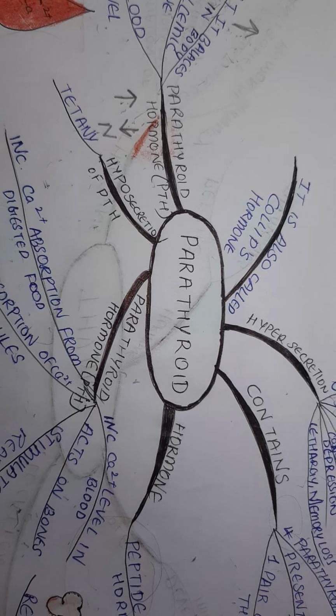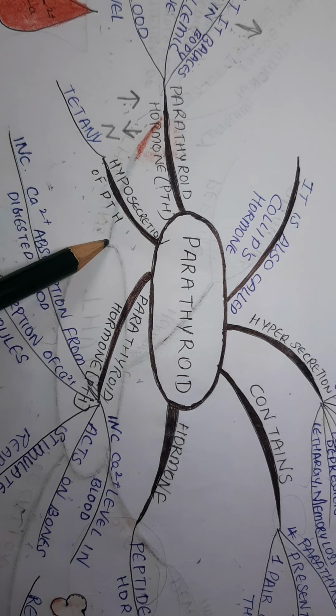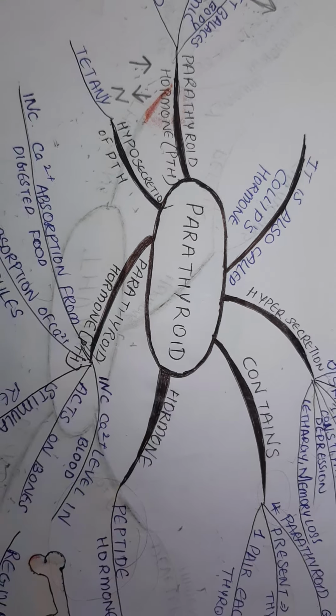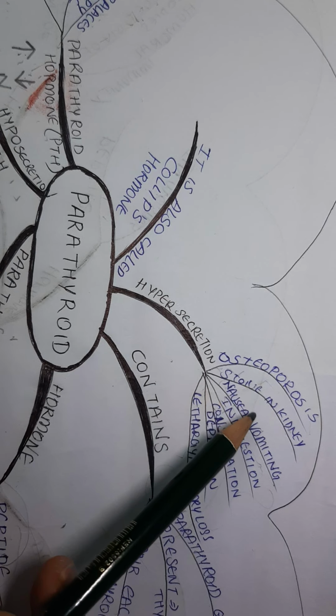Now we have two cases. What happens if parathyroid hormone is released less than normal, and what happens if parathyroid hormone is released more than normal? If there is hyposecretion of parathyroid hormone, this leads to a disease called tetany. And if there is hypersecretion of this hormone, it leads to conditions like osteoporosis and stones in the kidney.